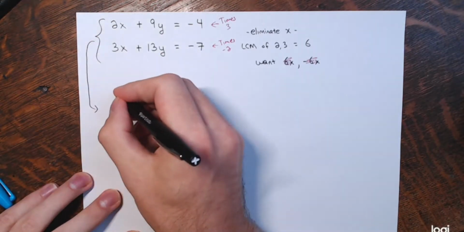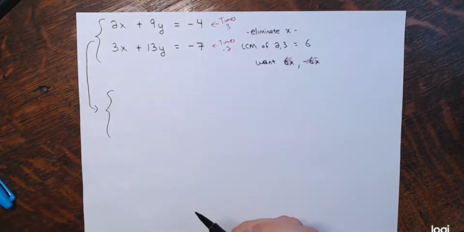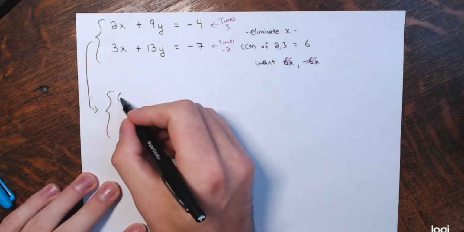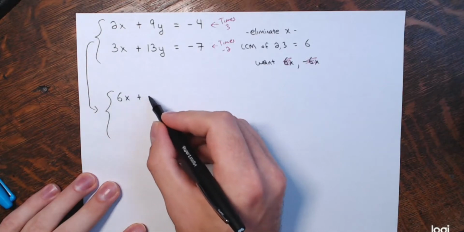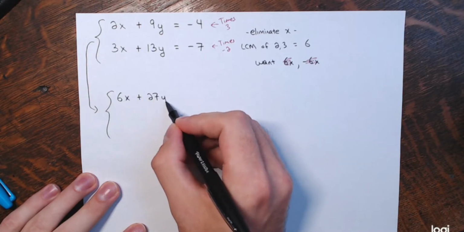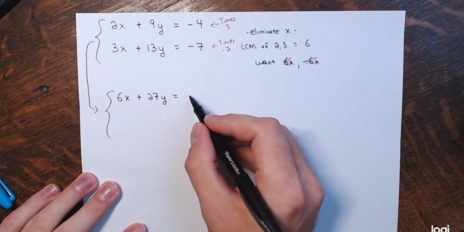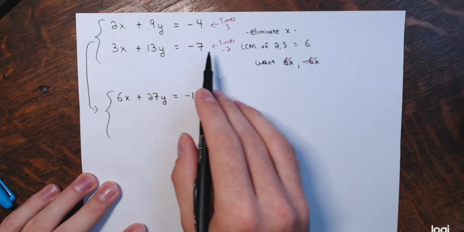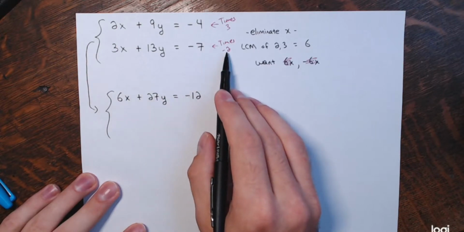Write the equivalent system. All right, first equation, I'm multiplying everything by 3. So that'd be 6x plus 27y, 9 times 3, equals, and then negative 4 times 3 is negative 12. Second equation, I'm multiplying every term on both sides by negative 2.